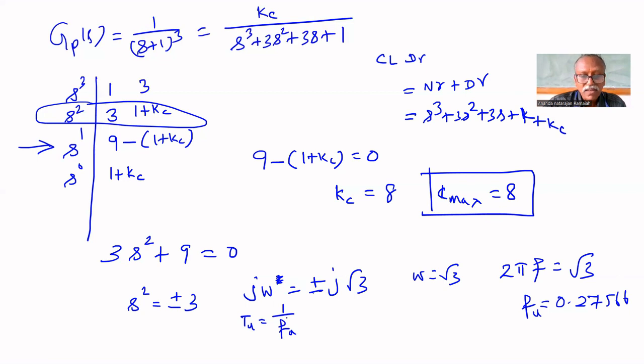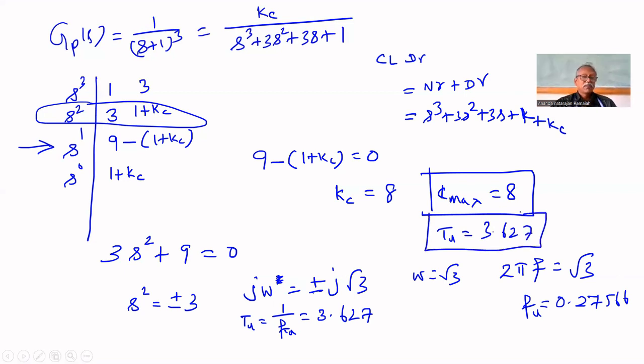Therefore, TU equals 3.627. So we got TU equal to 3.627 and K max equal to 8. So now we can find the tuning parameters, and now we'll simulate this.